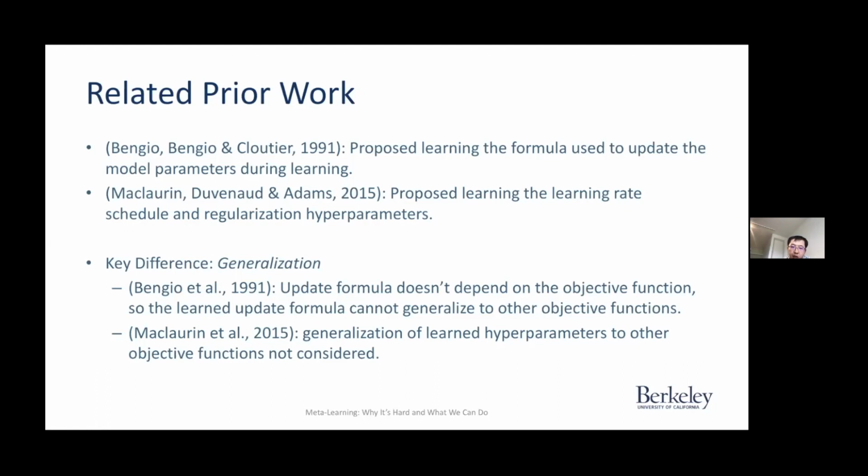In Bengio et al., the update formula doesn't actually depend on the objective function. So if you think about using that learned update formula for other objective functions, obviously you cannot generalize. And in Maclaurin et al., generalization of learned hyperparameters to other objective functions is not considered. And generally, it is hard to transfer, for example, hyperparameters that depend on a particular architecture of the model.